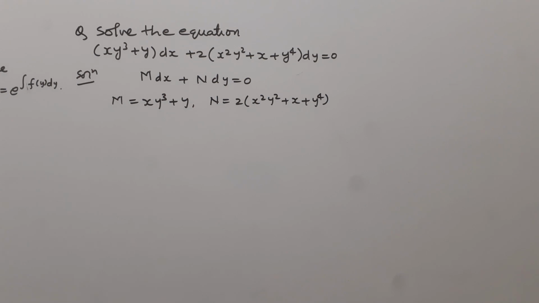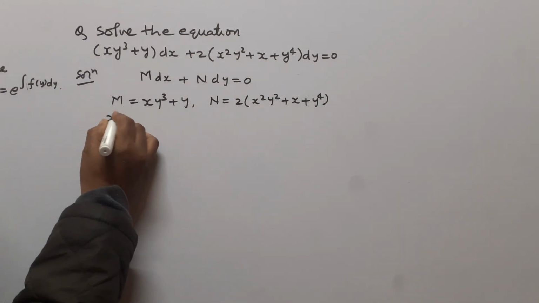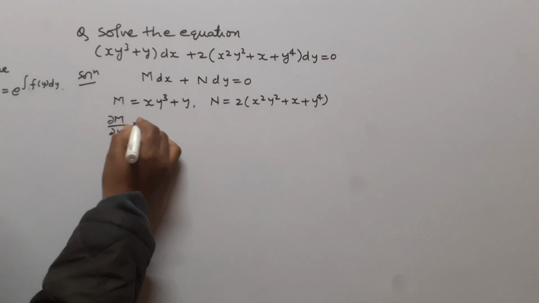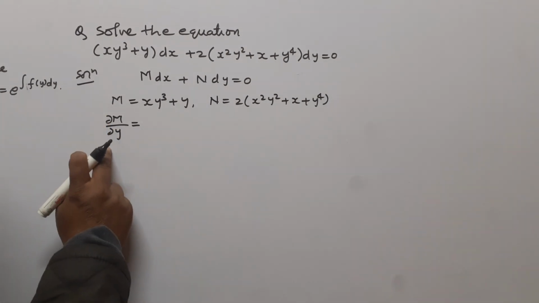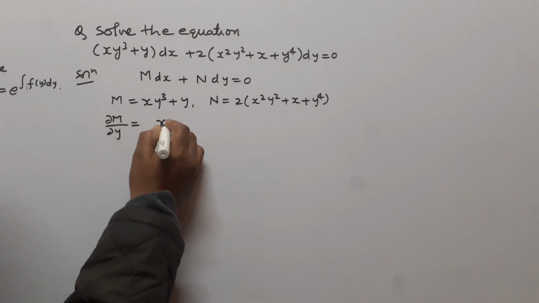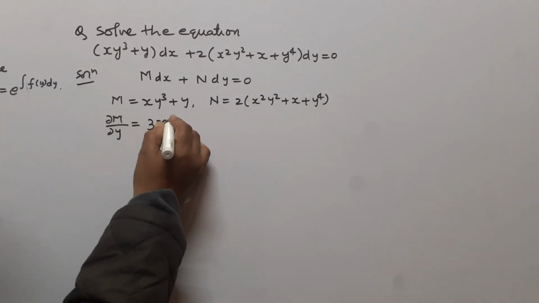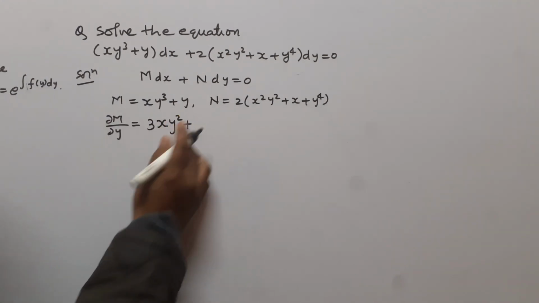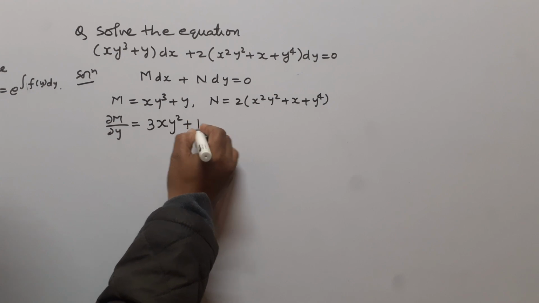So first we check whether this equation is exact or not. For this we differentiate M partially with respect to y. Here x is constant, and differentiation of y³ with respect to y is 3y², and differentiation of y with respect to y is 1.